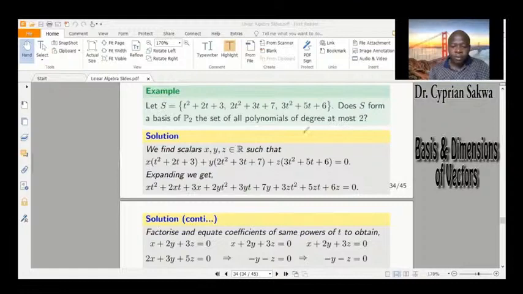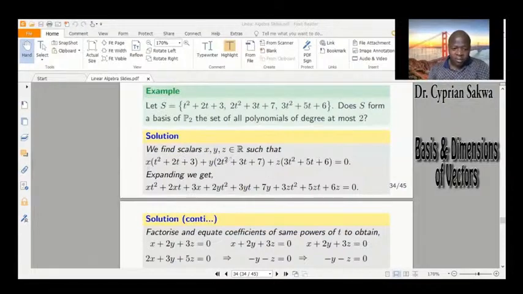For us to answer this question, we just need to see whether this set of polynomials is linearly independent. And so to do that, we need to see whether we can find scalars x, y, and z, not all of them 0, such that x times the first polynomial plus y times the second polynomial plus z times the third polynomial gives us 0.